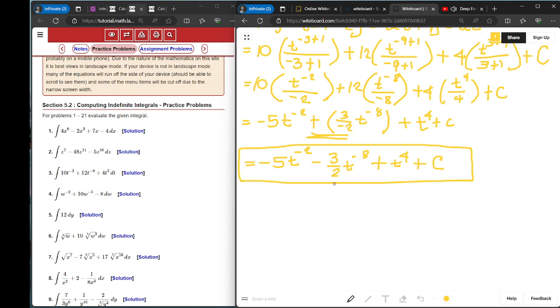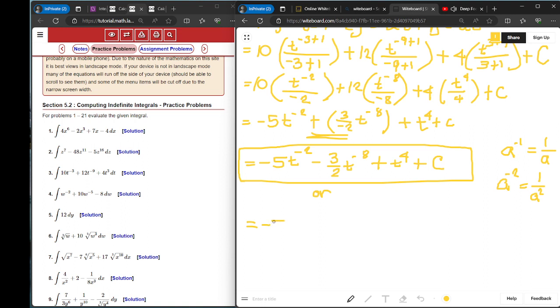But if you don't want to see any negative exponents, we'll have to change this. If we recall, in the rules of exponents, if we have a to the negative 1, that is equivalent to 1 over a, which means a to the negative 2 is equivalent to 1 over a to the power of 2, or a squared. So we can rewrite this if you would like to.